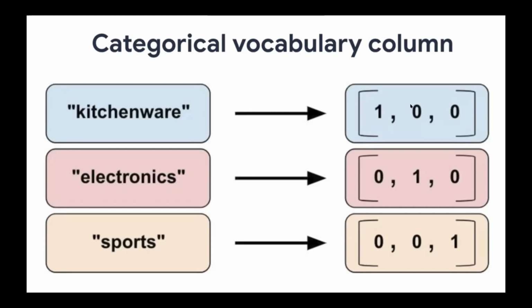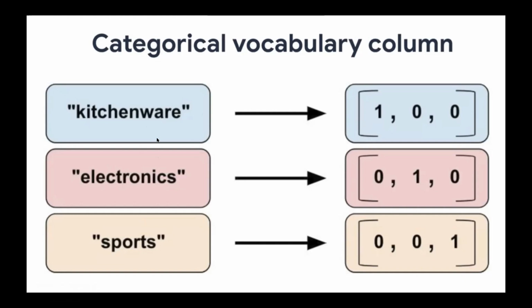You can do this in two fashions. There's a vocabulary approach with a list, where you have your list of things in the code, and I'll show you how it's done. The list of possible values for the category.